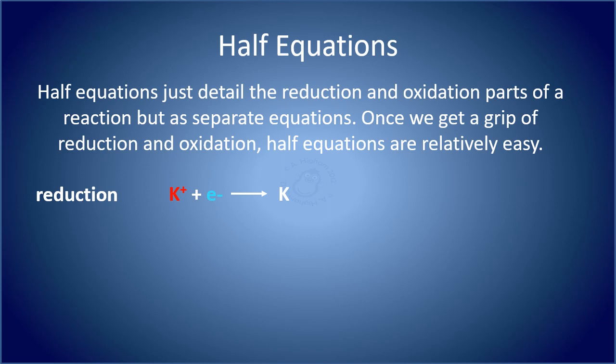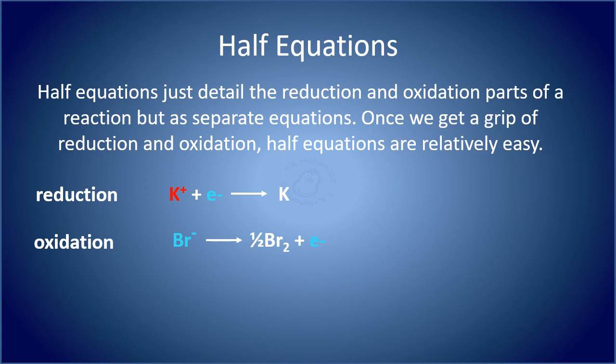So we've got the reduction, the potassium ions gaining electrons. We've got oxidation as the bromide ions losing electrons. So these are two half equations, and they're just two halves of an overall equation, and one deals with reduction and one deals with oxidation.